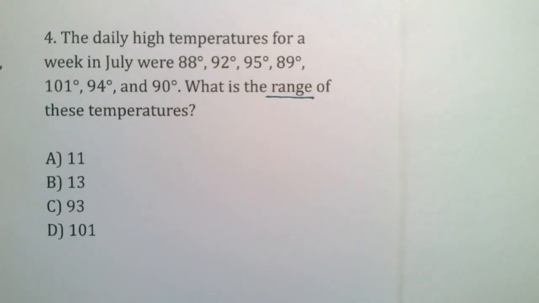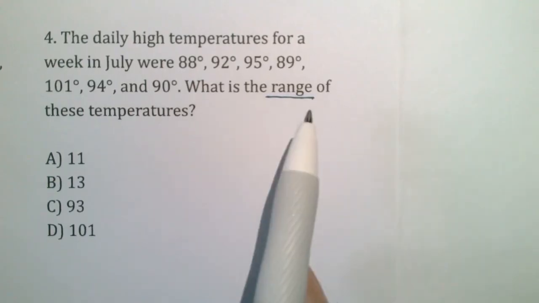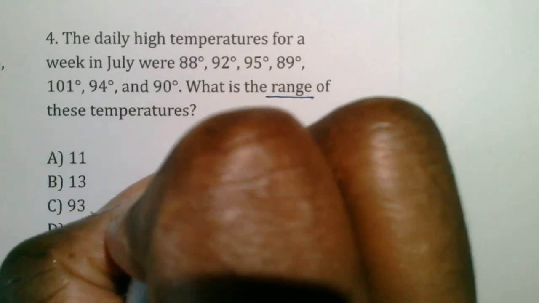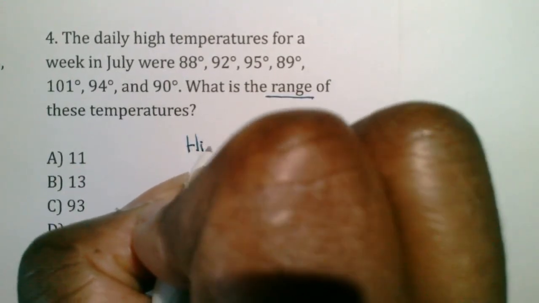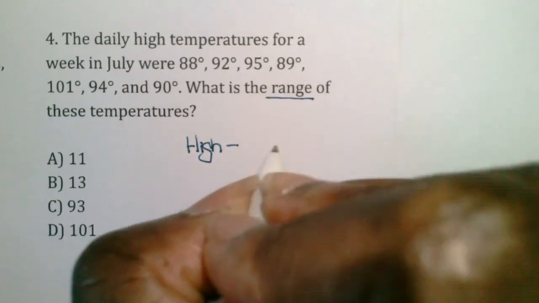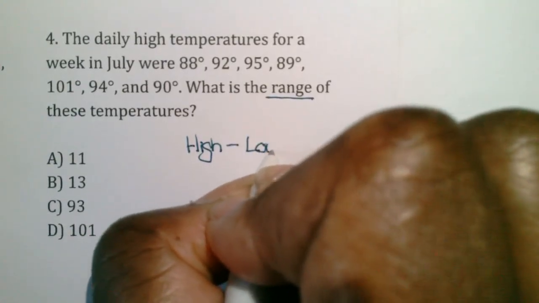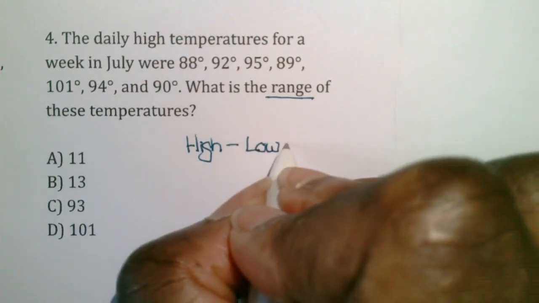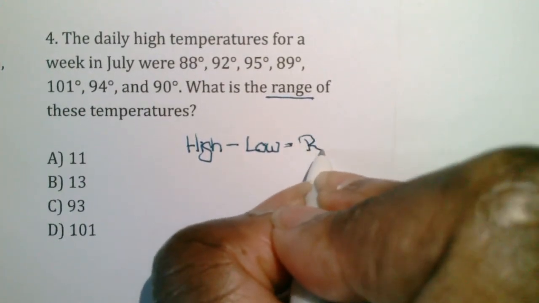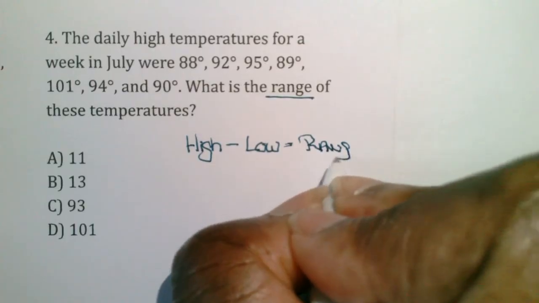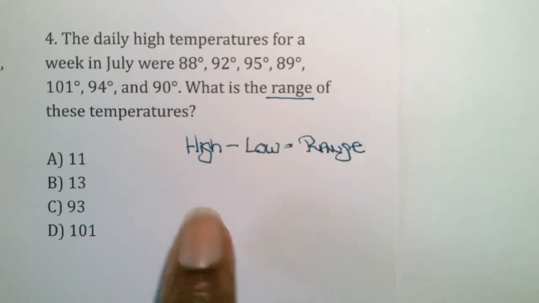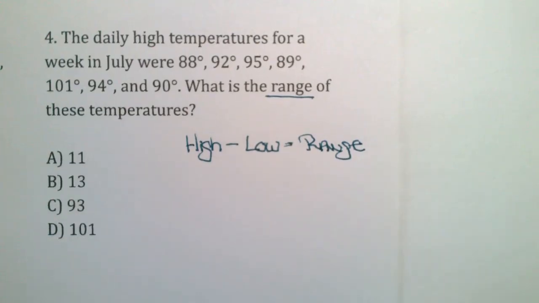The mode is the most frequent of your data. Whereas the range takes your highest minus your lowest number, because you want to see what your variation of the data is.